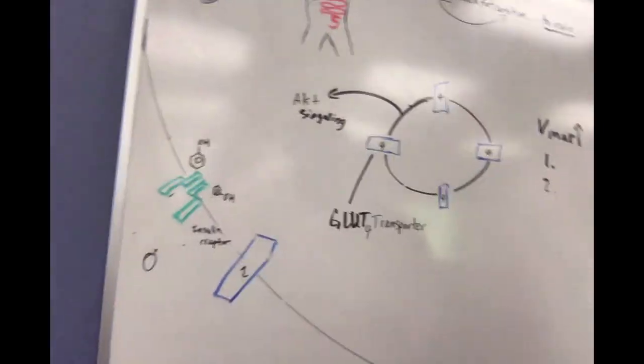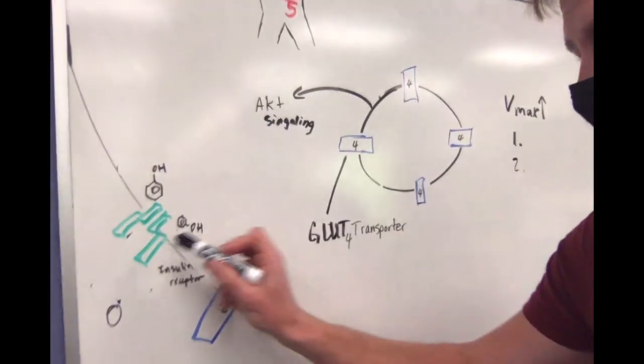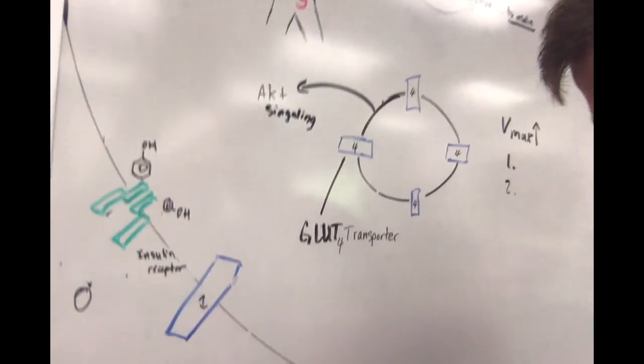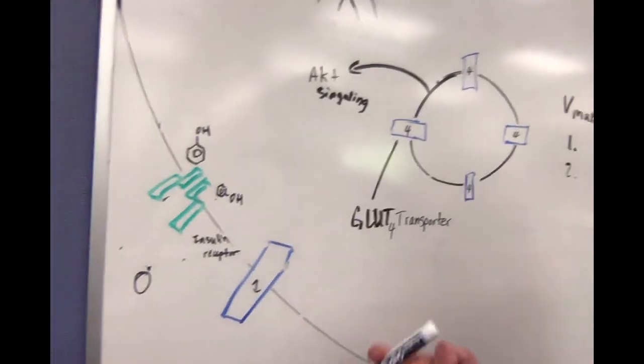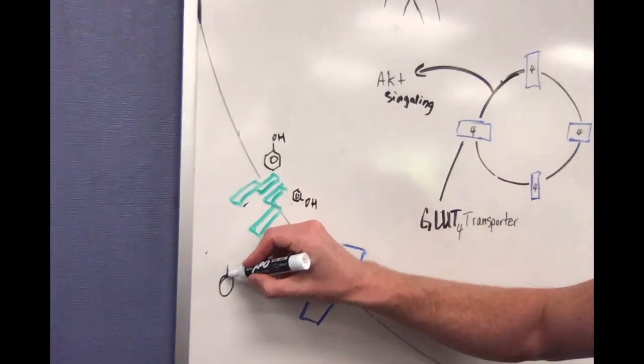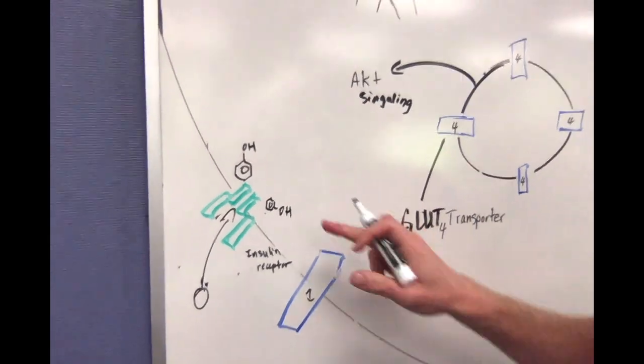Over here, this is just the basic schematic that's shown in our textbook. Okay, so right here we have an insulin receptor. So we're going to have insulin come in and bind. So what happens after this?